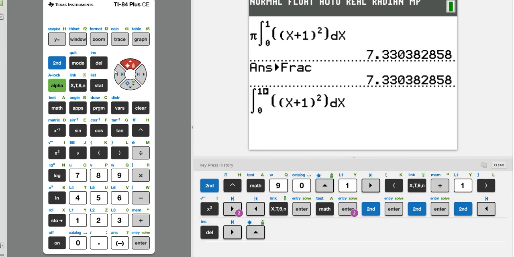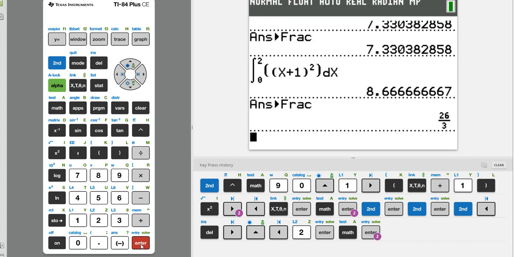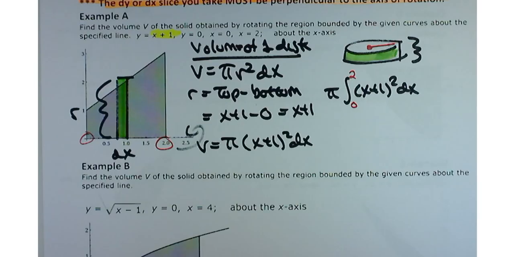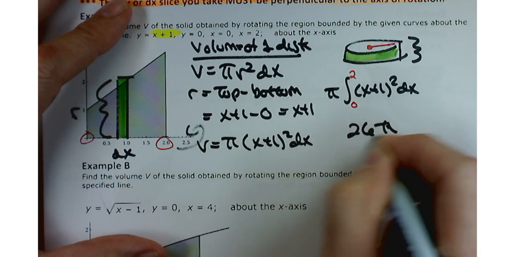Your calculator is not going to be really good at doing the answer to fraction trick if you don't have a nice, neat fraction. Here, when I got rid of the pi, now it knows that fraction is really 26 over 3, and then just put in the pi afterwards. So the final answer is going to be 26 pi over 3.